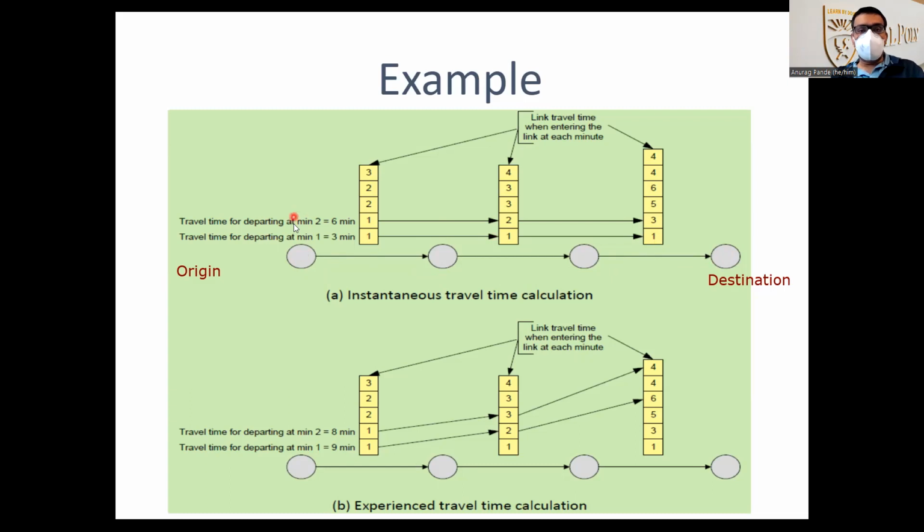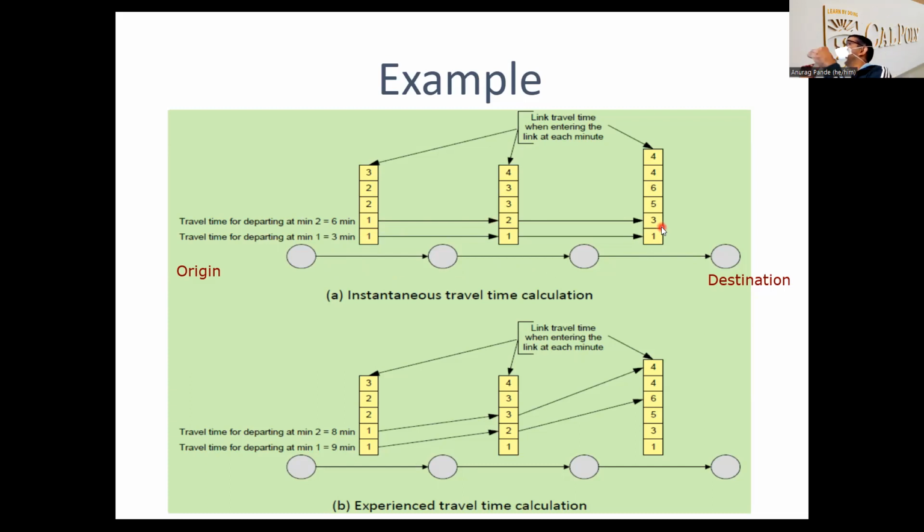Now, if they all leave at t equal to 2, whatever vehicles now leave the origin at t equal to 2, they'll take 1 minute on this link, 2 minutes on this link, and 3 minutes on this link. And their travel time from origin to destination will be 1 plus 2 plus 3, 6 minutes. Okay.